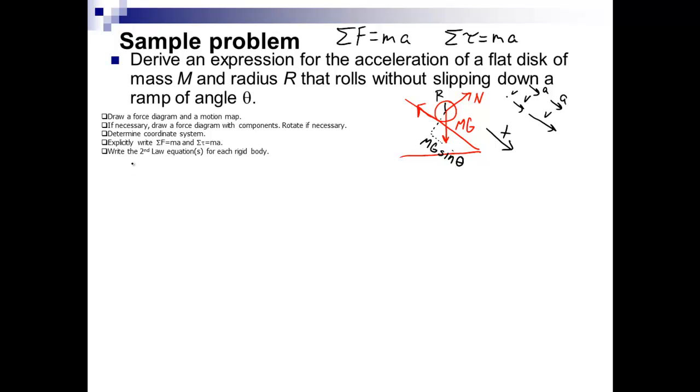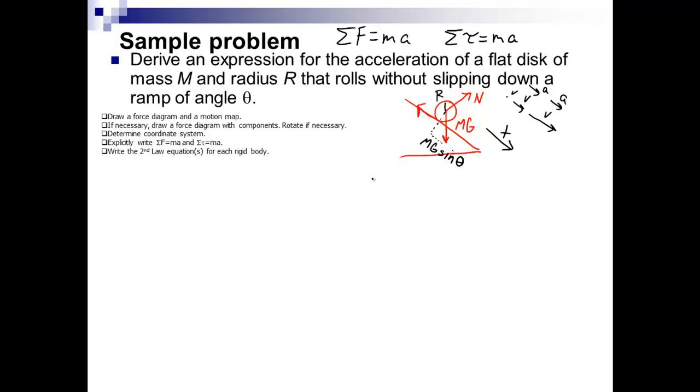Now we want to write out Newton's second law equation for each rigid body. I've got my rigid body there, and I'm only going to need one equation because I only have one rigid body. So the equation, and we'll just look at the horizontal version of it, will be this.